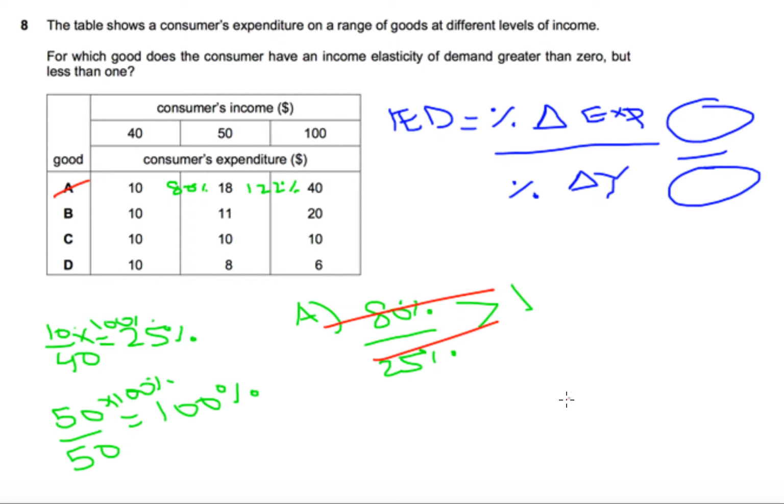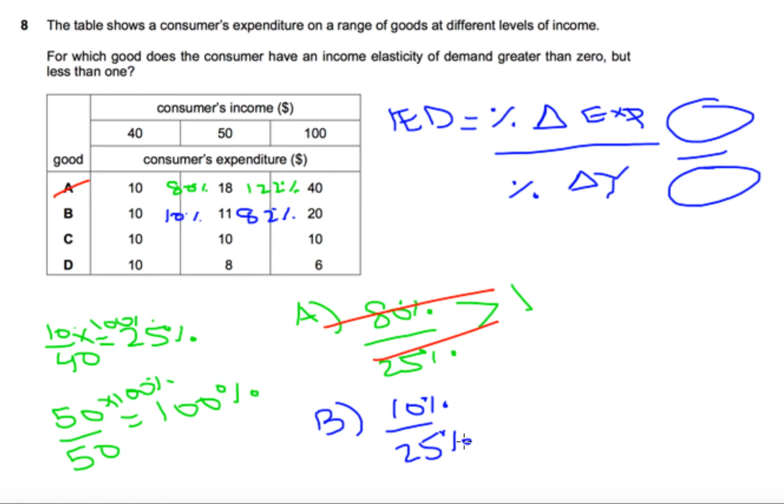Let's look at option B. In option B, we go from 10 to 11, which is a percentage change of 10%, and then we go from 11 to 20, which is a percentage change of 82%. Now let's evaluate option B. The percentage change in expenditure was 10% and the corresponding change in income was 25%.